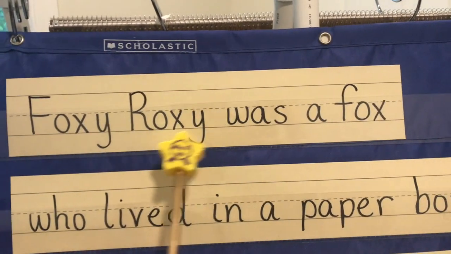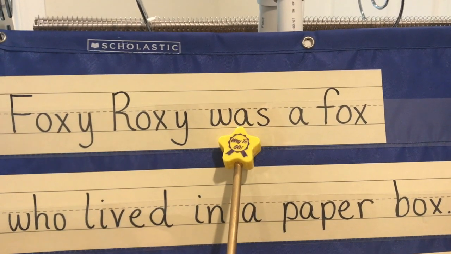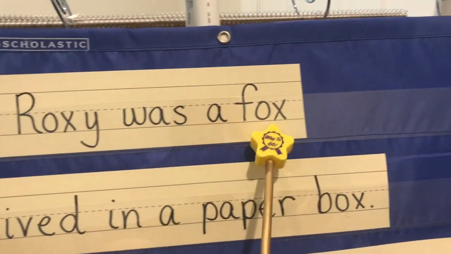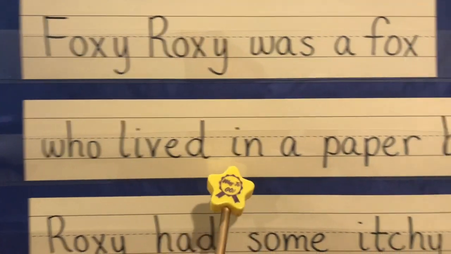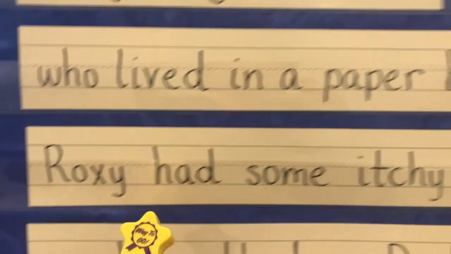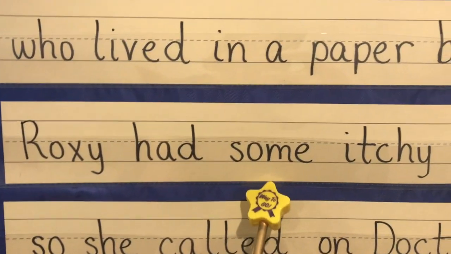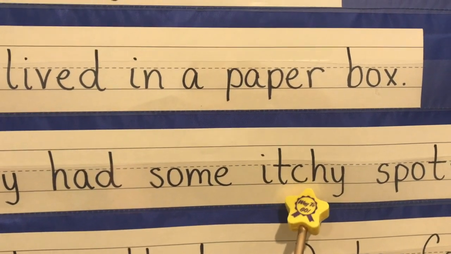Foxy Roxy was, okay, we had that just a couple weeks ago for our sight word, was a fox who lived in a paper box. Roxy had some itchy, that starts with the I sound there, and there's that ch.